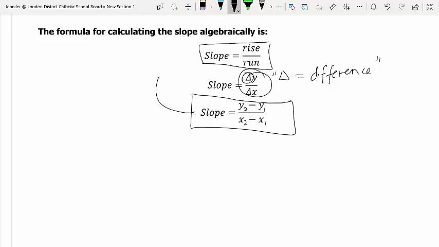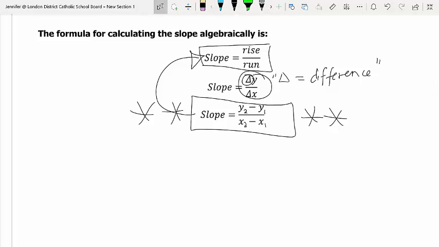This is the same as the slope formula from yesterday. It's just extended a little bit more and a little bit more specific. Moving forward, I want you to use this formula for calculating slope because it's very relevant to calculating slope from just 2 points. Then you can totally skip the whole graphing step.